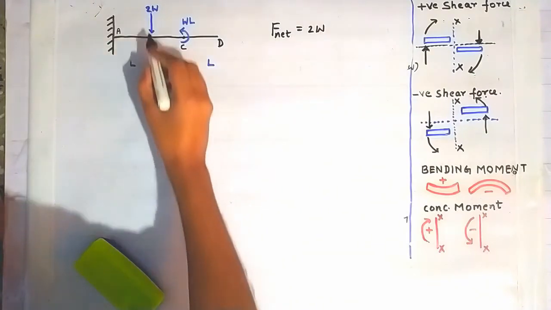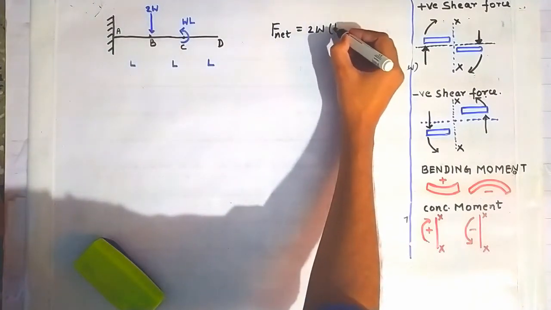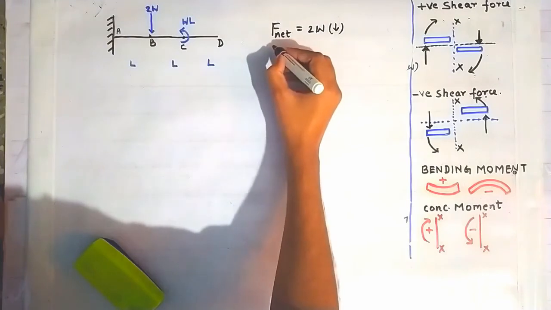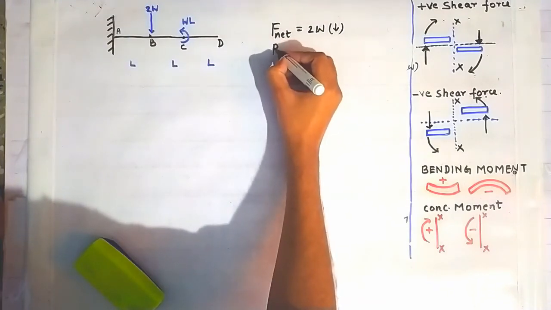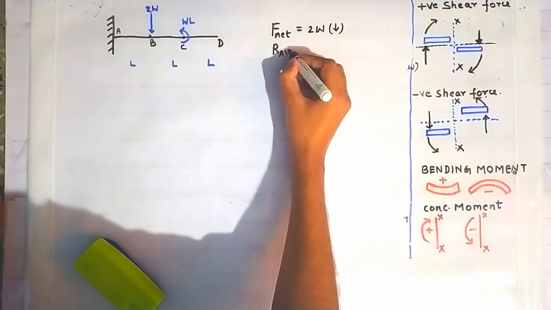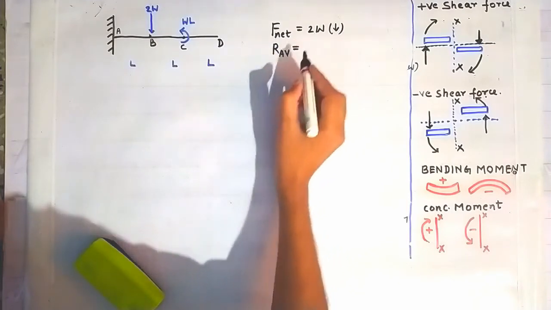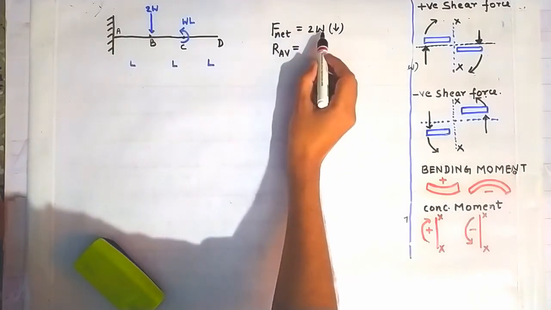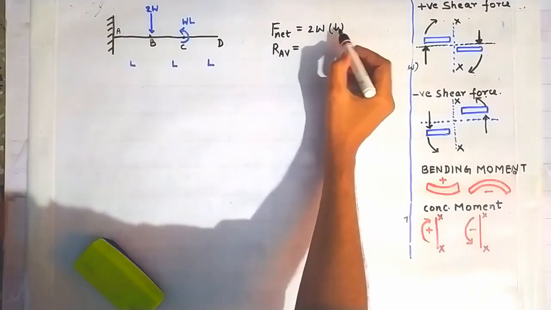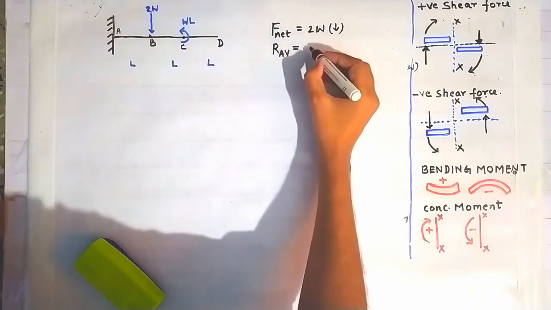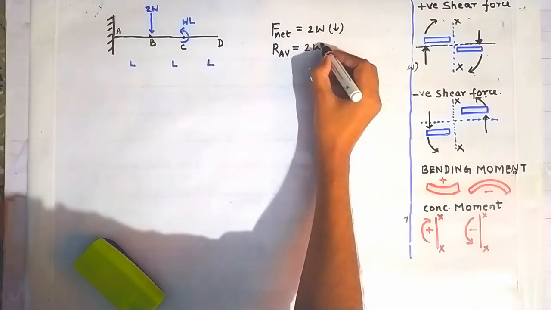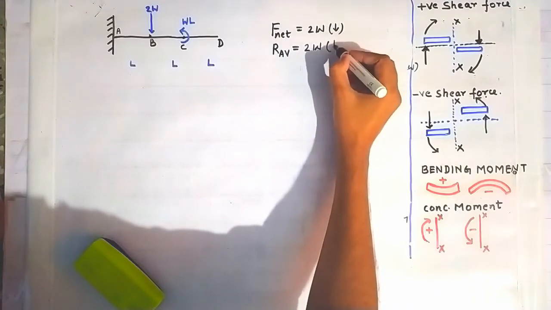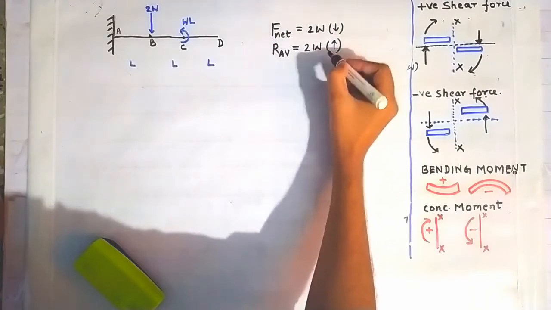So this load is acting in the vertically downward direction. So the reaction in the vertical direction at the point A will be equal to this net vertical load and will act in a direction which is opposite to this net vertical load. So it will be 2W and will act in the direction opposite to this F net.